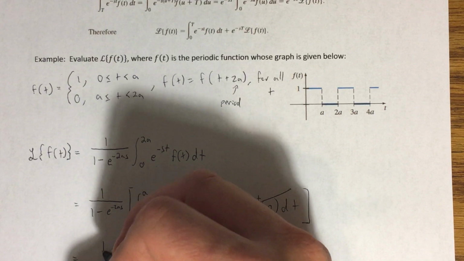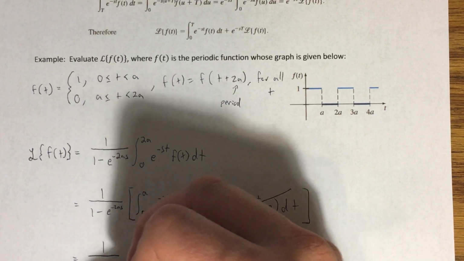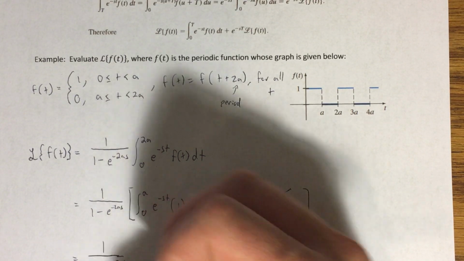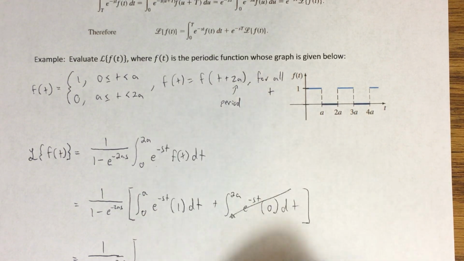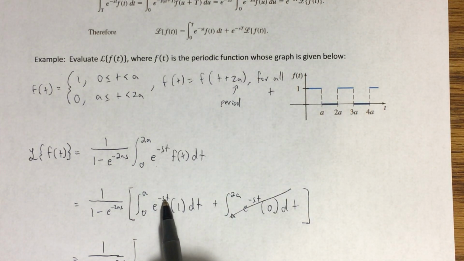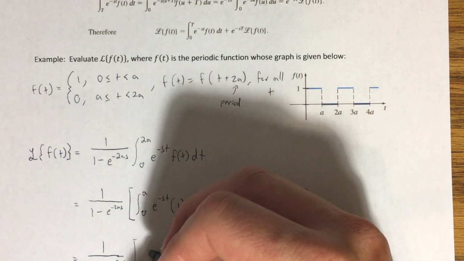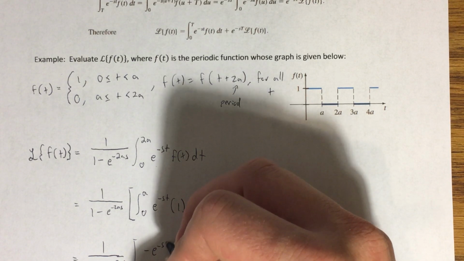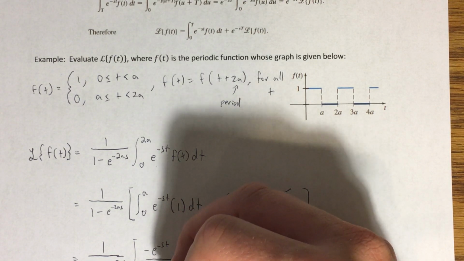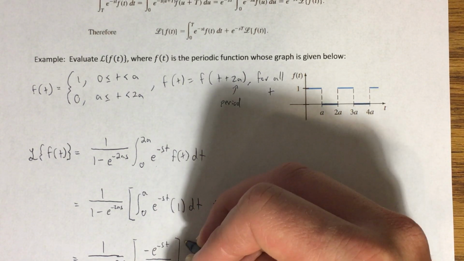So this is equal to 1 over 1 minus e to the negative 2as times the integral of e to the negative st, and I can integrate that pretty easily. We're integrating with respect to t here, so that would be equal to negative e to the negative st over s from 0 to a.